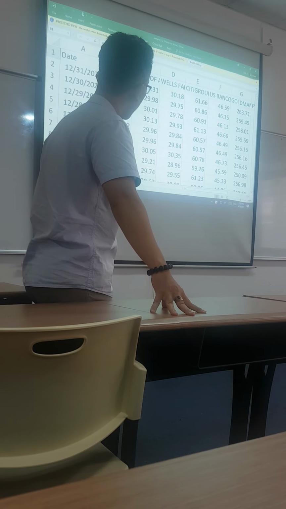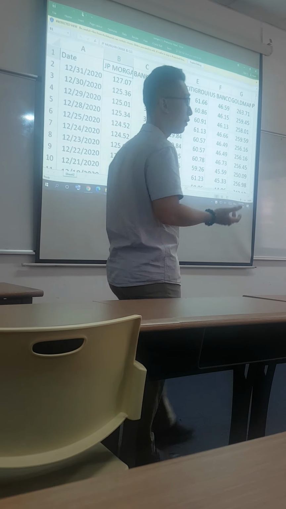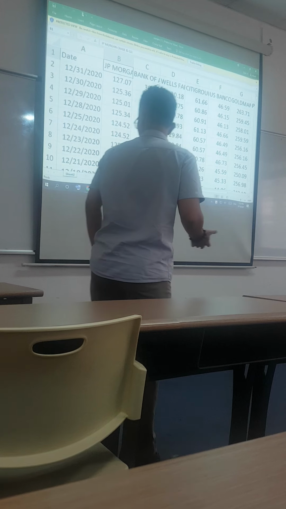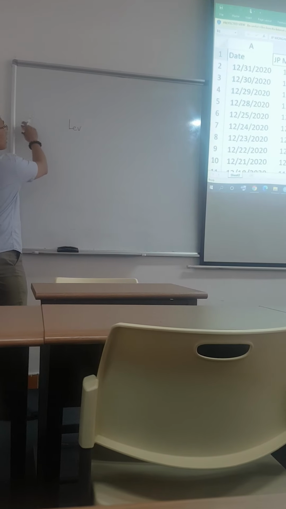Okay. And if you have some kind of panel data, for example, a company's information like firm leverage, firm total assets, what should you do? For example, this is the leverage, the first row is going to be your first row.